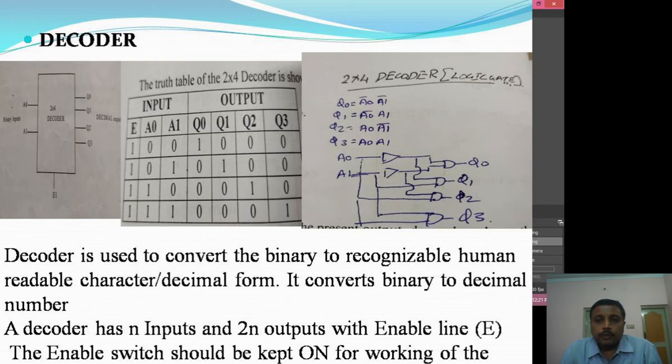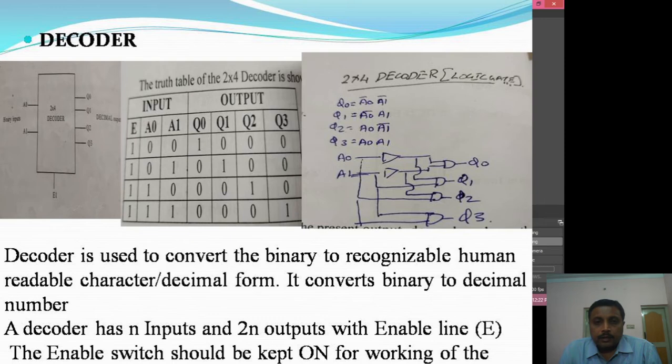So let us go to the truth table now. Initially I am going to pass conditions 0, 0, that is inputs A0 and A1 as 0. In this case, when both the inputs are 0, Q0 is going to become a high state and the remaining outputs are going for a low state. That is Q0 is equal to 1 and Q1, Q2, Q3 are going to be 0. I'll explain this.